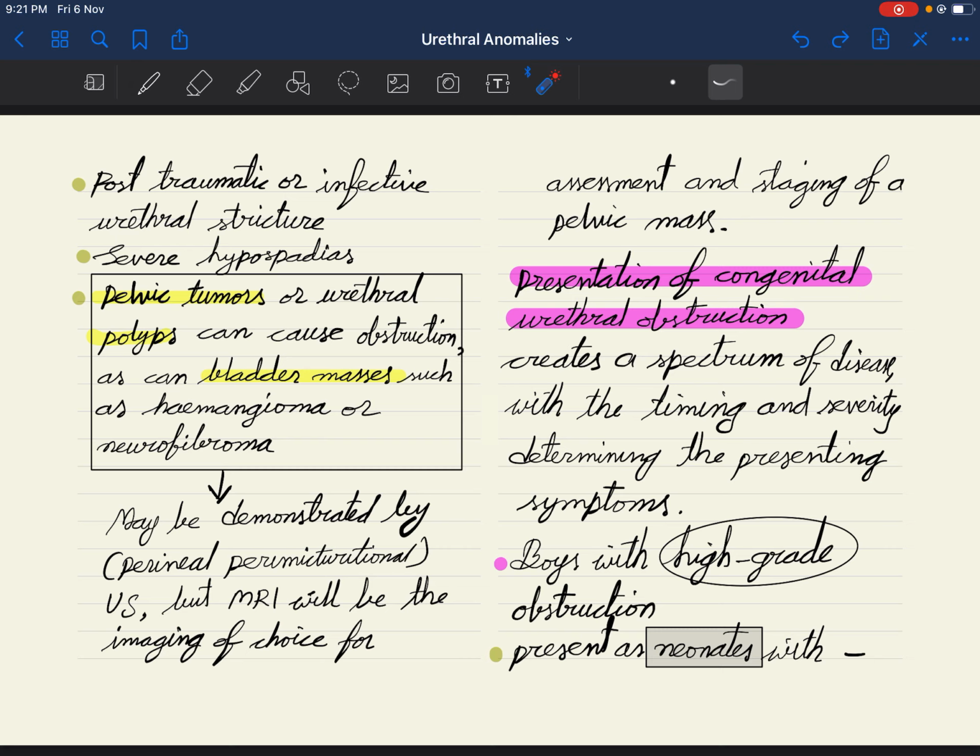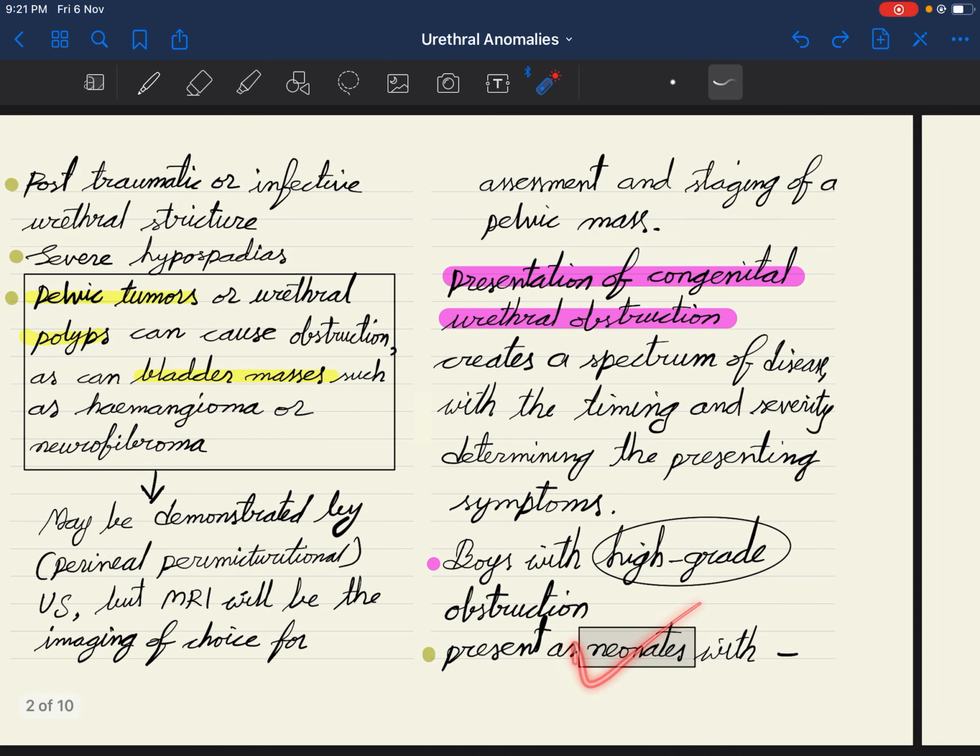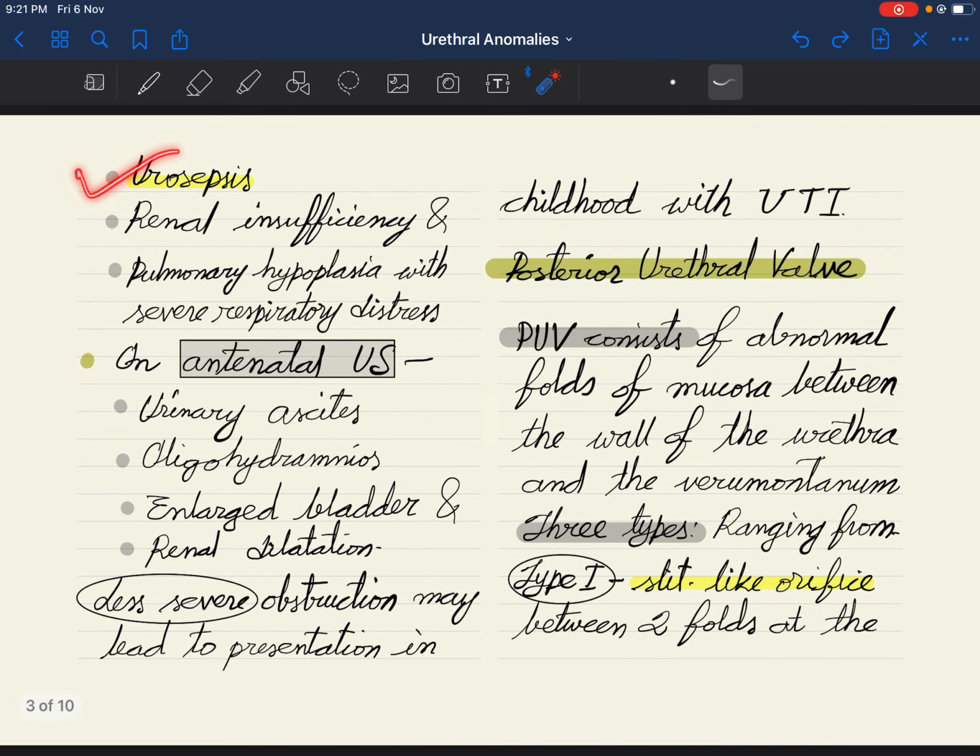If the boy has high grade obstruction, then the boy will present as a neonate with urosepsis, renal insufficiency, and pulmonary hypoplasia with severe respiratory distress.